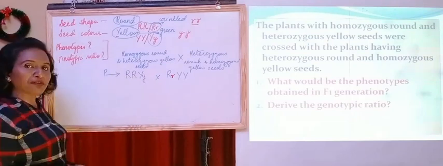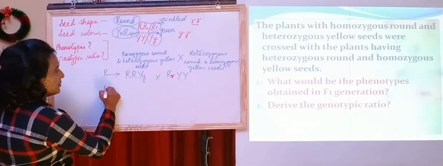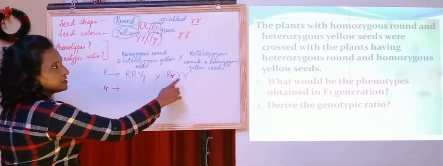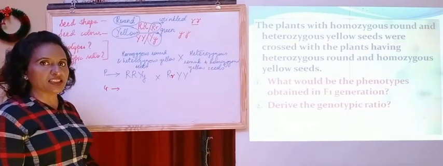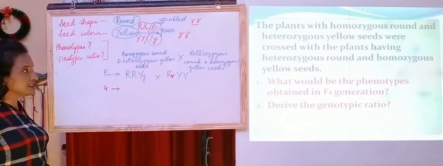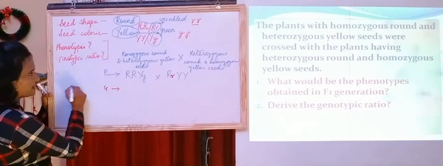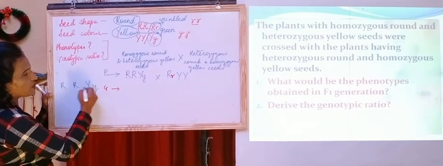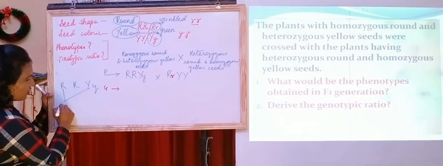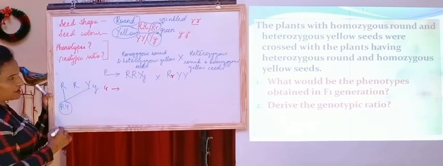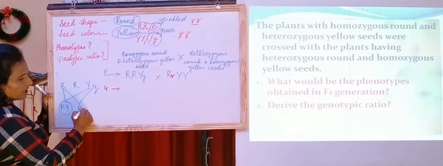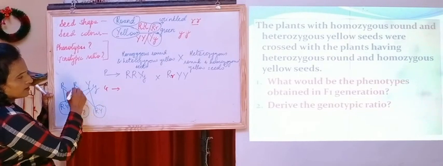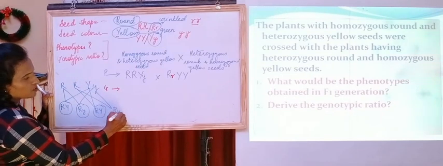So again we have to find out the gametes here. So gametes would be, now since we know that this is a completely different type of combination that has been asked, so again we will find out the possible gametes which you would get. So we will separate these alleles, capital R, capital R, capital Y, small y, and then assort them. So capital R, capital Y, one gamete, capital R, small y, other gamete, capital R, capital Y, and capital R, small y.